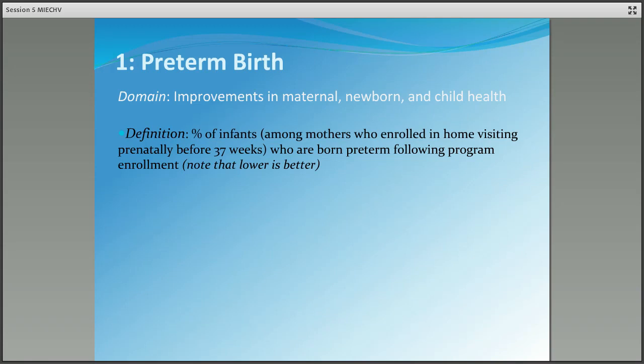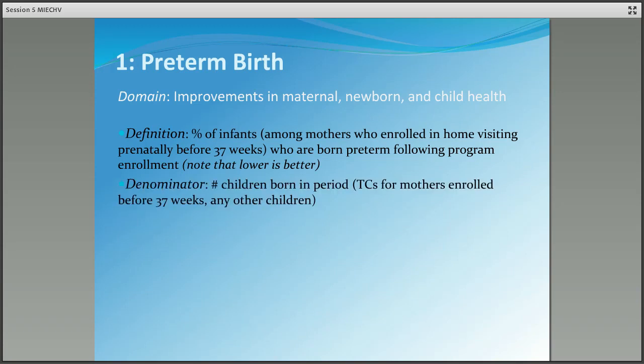Note that the lower number is better. The denominator then is the number of children born in the period, TCs from mothers enrolled before 37 weeks or any other children, and the numerator, the one that we're trying to get as low as possible, is the number of children born in the period who were premature.